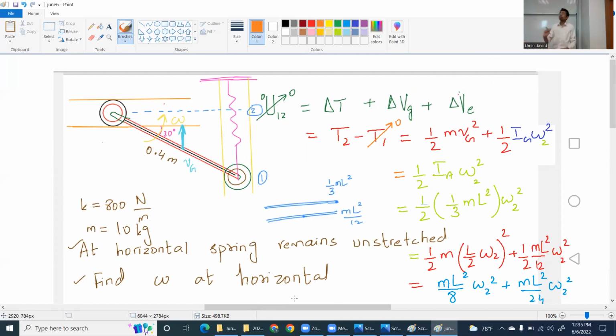It's very intuitive to just follow what I did in class, but the students who remember the concept will say, oh wow, U12 of external non-conservative. Come on, if he is applying an applied moment, integral M d theta is not 0. I cannot put U12 as 0. M is given to me. I will have to figure out integral M d theta. Then I have to proceed in the problem. You get my point? We have to do integral F, or integral M d theta, depending on whether I am applying a moment or I am applying a force.